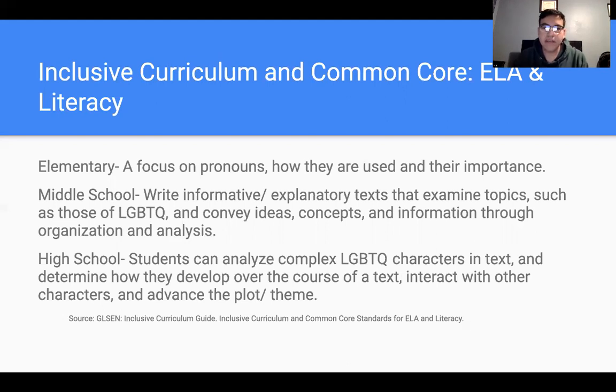In middle school, write informative and explanatory texts that examine topics such as those of LGBTQ and convey the ideas, concepts, and information through organization and analysis. In high school, you can have students look and analyze complex LGBTQ characters in text, such as in books or articles, and determine how they develop over the course of the text and interact with other characters and how they advance the plot and theme of the text that you are reading.